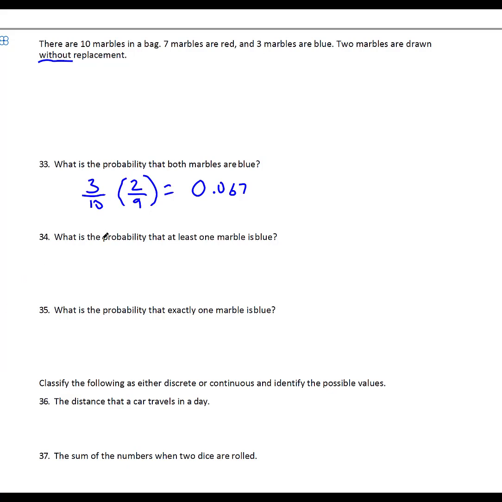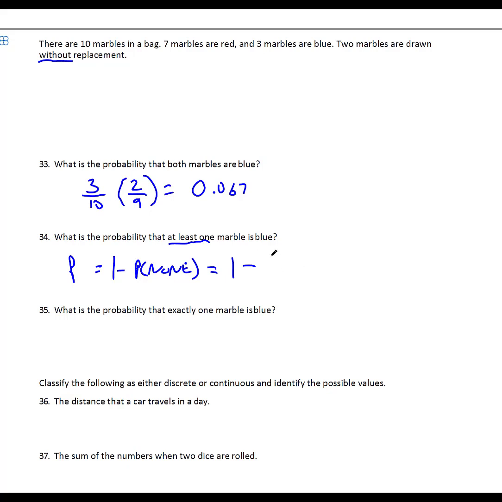Alright, so what is the probability that at least one marble is blue? That phrase, at least one marble is blue, should bring up that whole probability equation: 1 minus the probability of none. In this case, we're drawing 2.